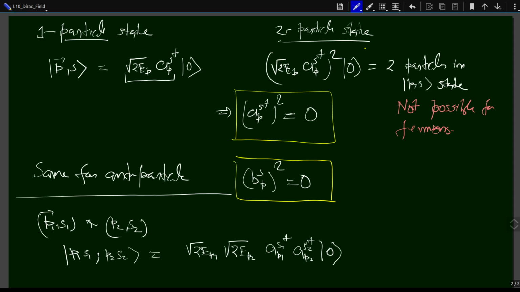Okay, so I created the second particle first, and then I created particle number 1 later. Let's say this is my convention.